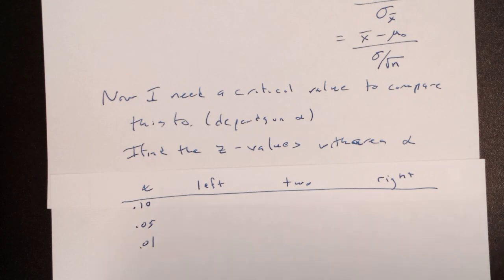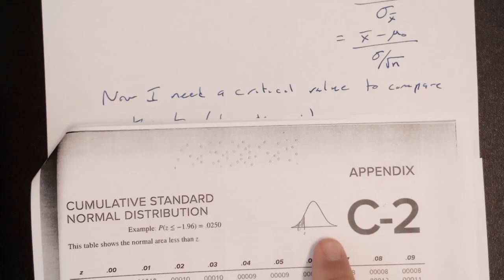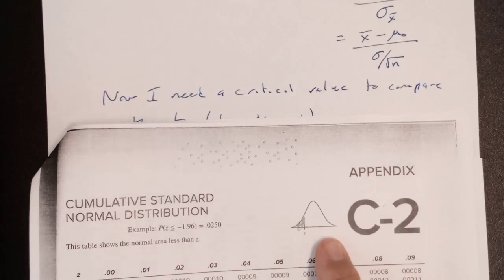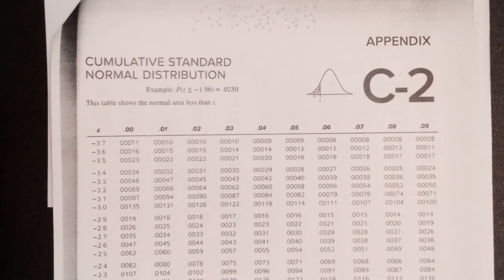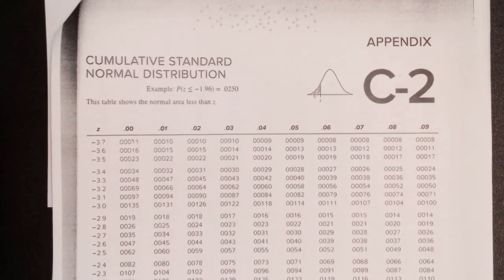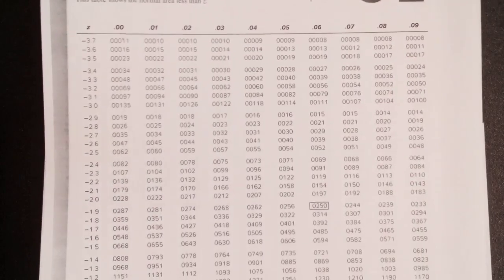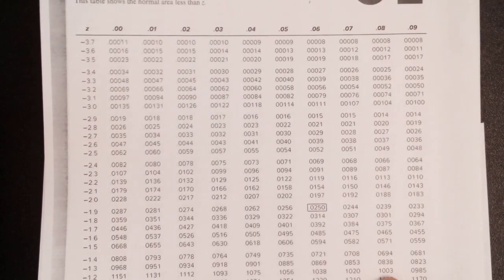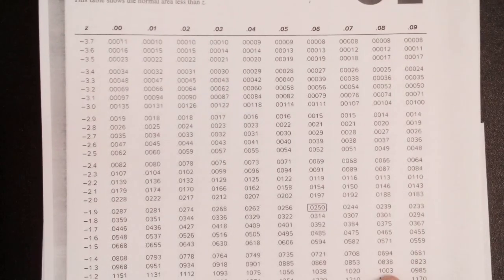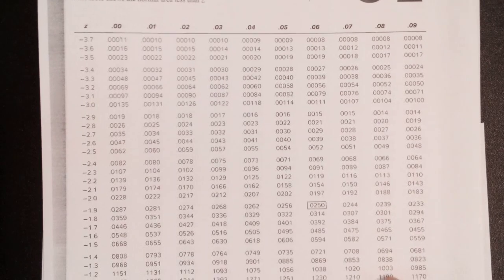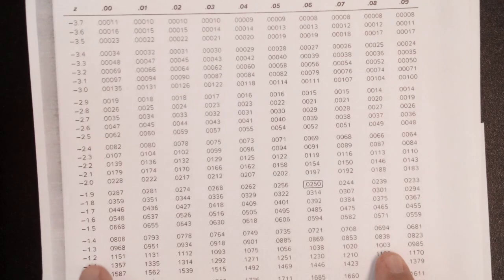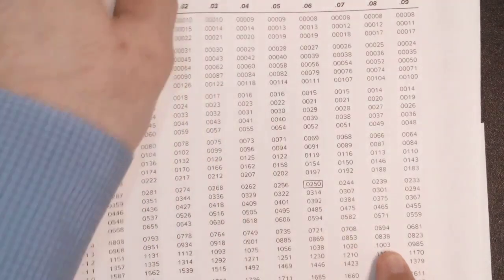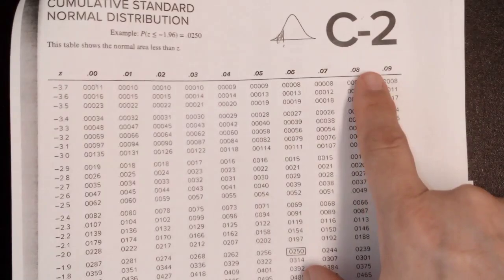Well, based on that picture, that's exactly the same picture I see here in the table C2 picture. So I need to find the area to be 0.10. There's my closest number right there. 0.1003, negative 1.28.